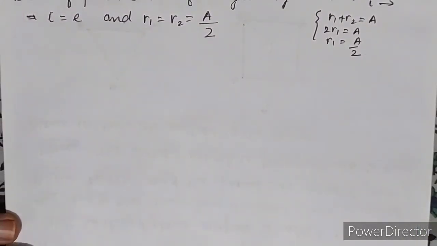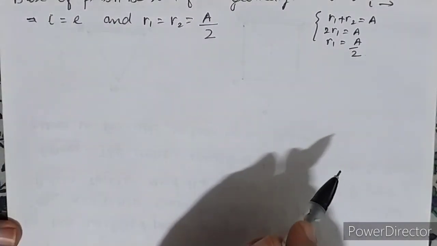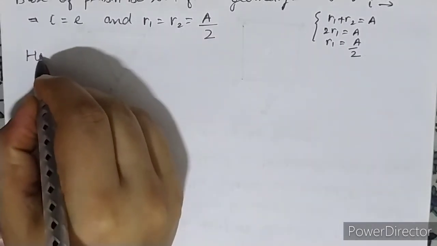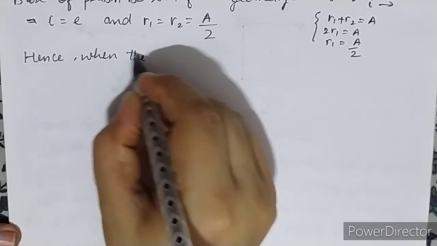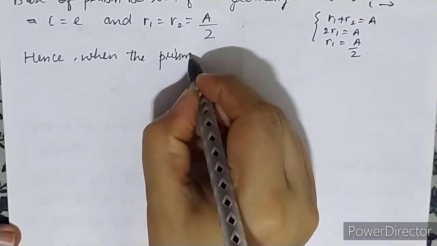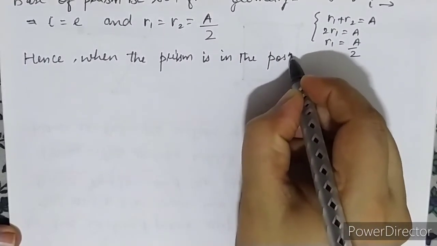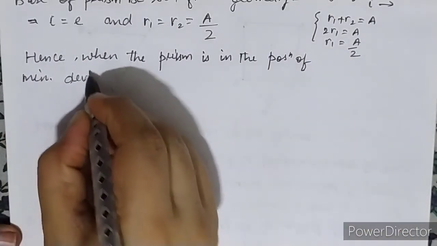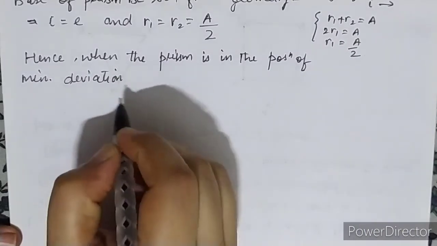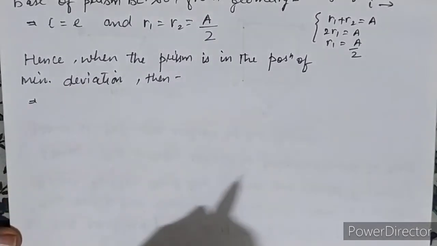Now further, from the prism we have just taken the position of minimum deviation. So when the prism is in the position of minimum deviation, then what does it obey? First of all, we go from equation number 5, the relation of the deviation.